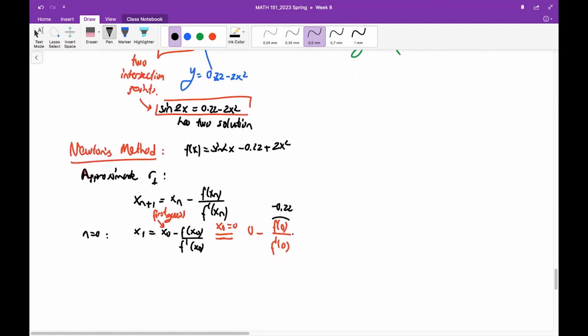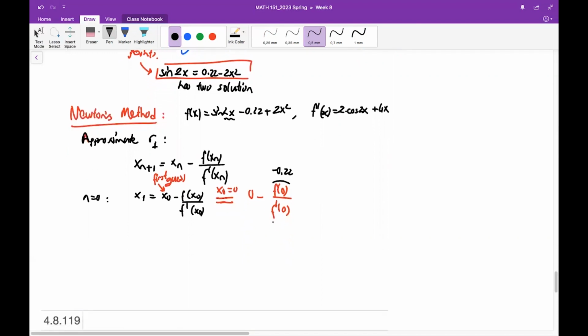And then you can compute the first derivative function easily. Let's compute it. The derivative of sine is cosine, and then you need to multiply it by the derivative of the inside part, which is 2 plus 4x. This is the first derivative function. You can easily insert 0 into this function.